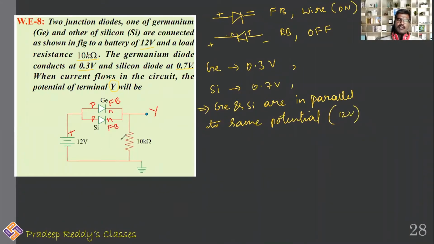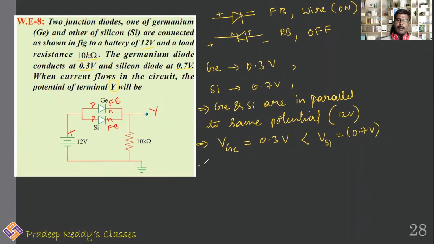As these two are connected in parallel, the minimum voltage required for germanium for conduction is 0.3 volt, which is less than the voltage for silicon, which is 0.7 volt.